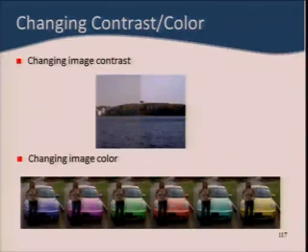Okay, changing the image contrast. Sometimes you know that for an image, you will be using a range of pixels to display the image. If the range of pixels used to display the image is very narrow, then the contrast is not very good. You can see, for example, in this particular image, the contrast is not very good.